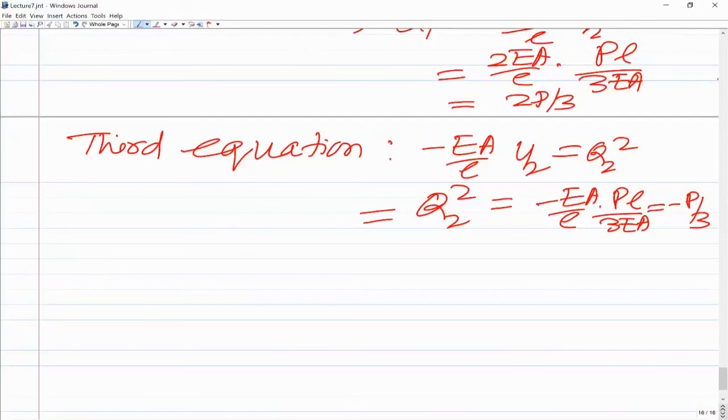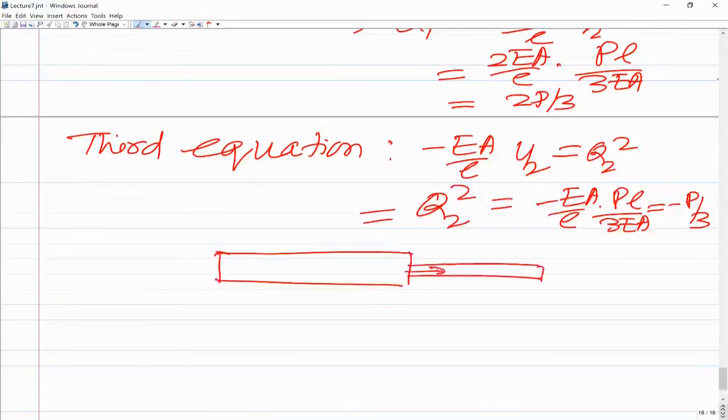So you can calculate the displacement anywhere within the first element, and the same way the displacement anywhere within the second element. Also calculate the strains and stresses. You can do all those calculations. And now if you look at the force equilibrium for this problem, the applied force is p, and q11 we got as 2P by 3 in this direction. And q22 direction was in this direction, but it is minus, so it would be P by 3 in this direction.